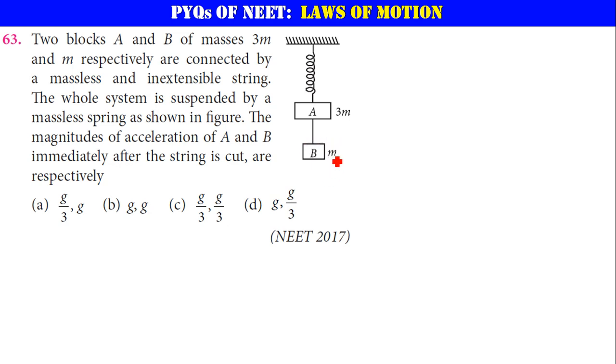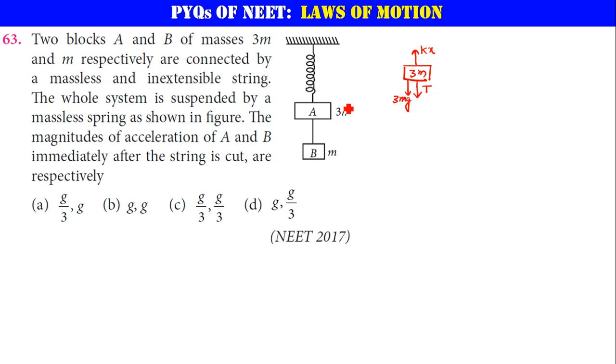First let me draw the free body diagram for block A, which is of mass 3m. What are the forces acting on it? Tension T downwards, kx is the spring force acting upwards, and there is one more force, 3mg. Are there any other forces acting on it?